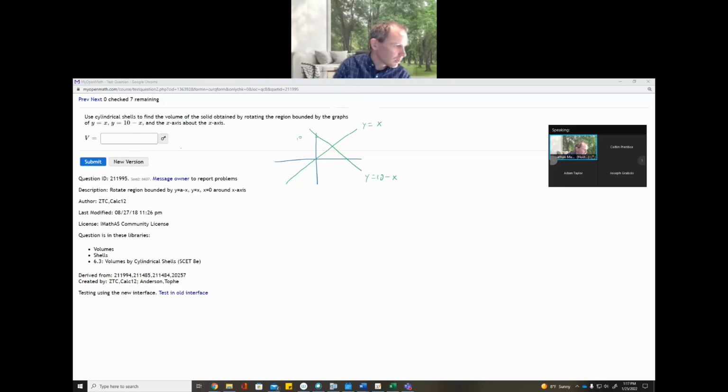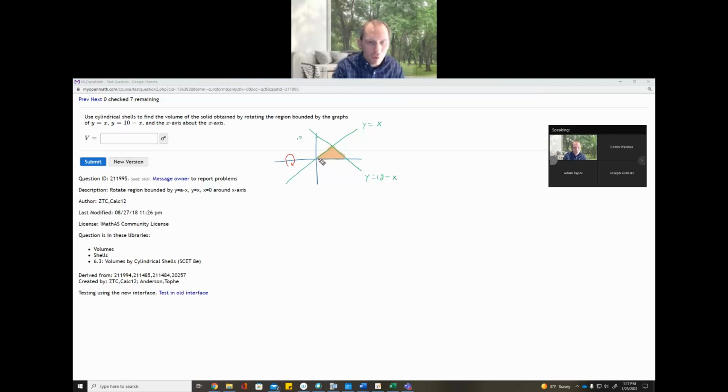So what I want to do is look for what region is contained in there. So I want the first green curve, the second green curve, and then the x-axis. So this is the region that I'm rotating. Okay, it says we're rotating it about the x-axis.